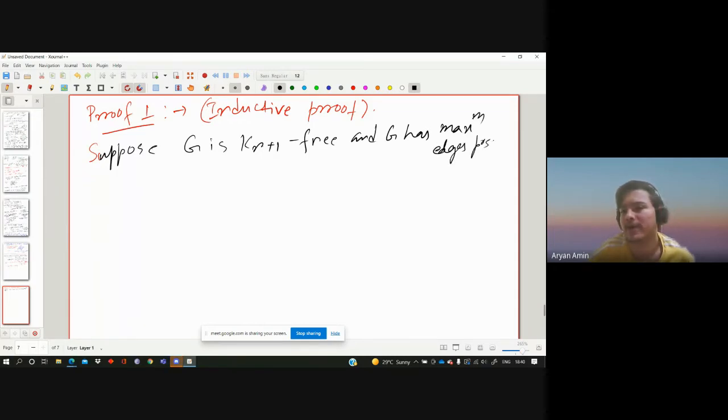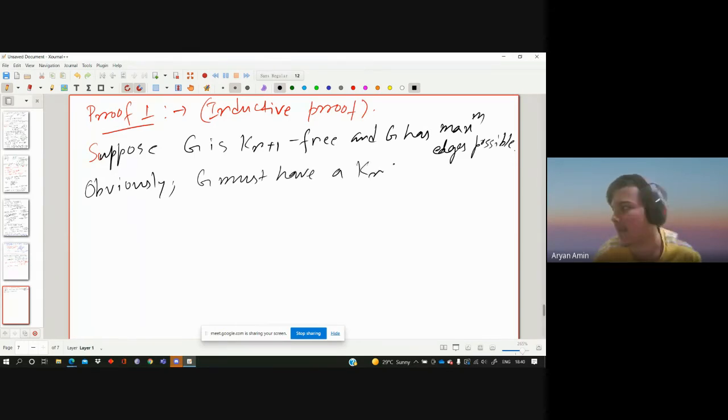What I mean by that is, if you add another edge to G, it now has an (r+1)-clique. Obviously G must have an r-clique, right? Why? Because if it doesn't, you can just add enough edges to make it have an r-clique. Because of the maximum edges, it must have an r-clique.